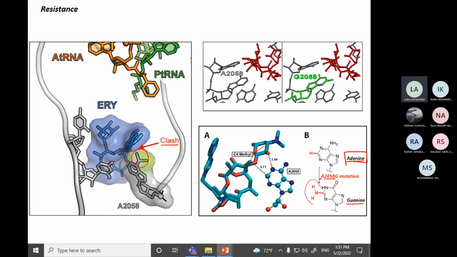This will highly lower the binding affinity of the macrolides to those ribosomes that have this mutation. Okay? A single mutation changed the adenine into guanine, the guanine became bulky, reduced the size of the binding pocket of the macrolide, and that is why the binding affinity has decreased massively, which led to resistance against the macrolides.